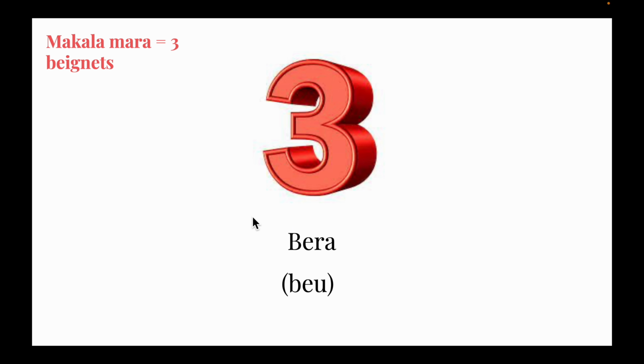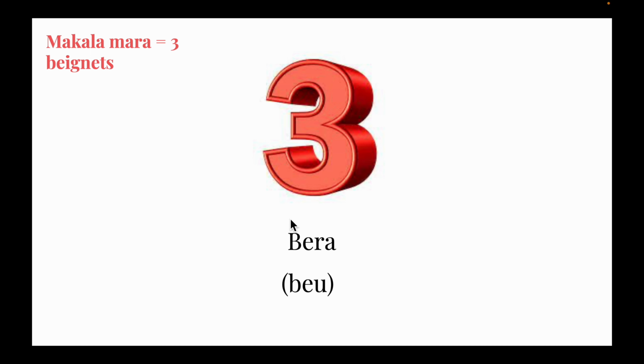Now for mara, bera. This BE, although 3 is multiple items, changes to MA because the ri of rikala changes to MA as well. So it almost accords, it almost syncs, for lack of better words. So you would say makala mara. And you will see number 4 is going to be makala mana.